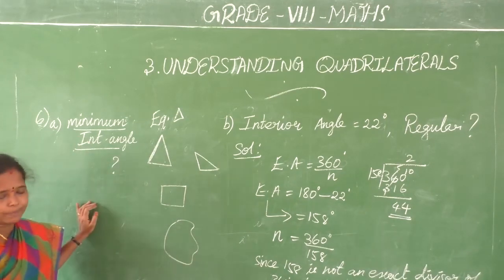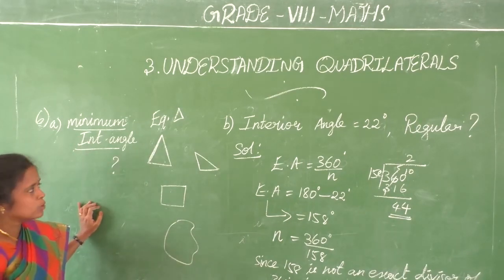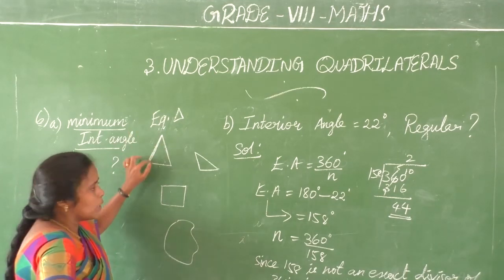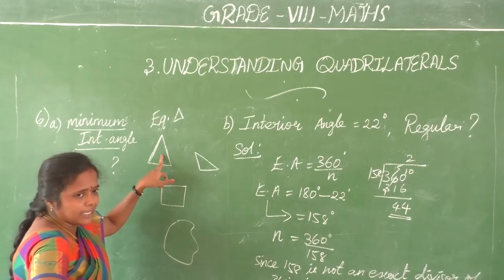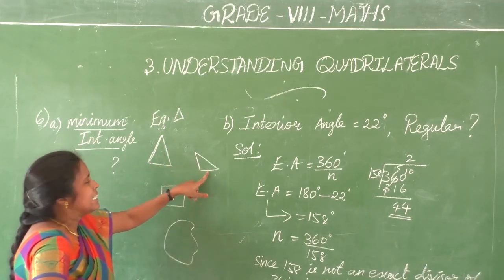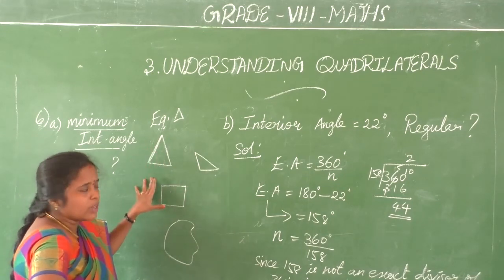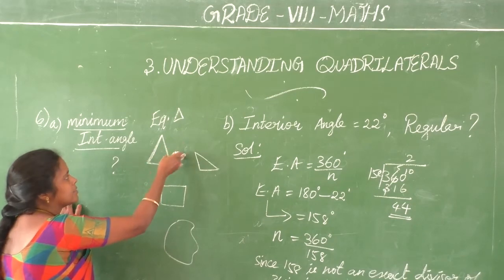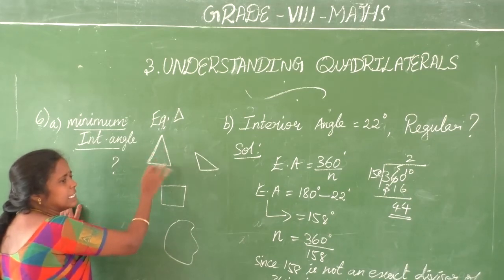This is the question. I taught that in the previous class. A polygon means a closed figure made up of line segments. For making a closed figure we need 3 sides, so that is the least number of sides. So we can conclude the equilateral triangle is the regular polygon having the least number of sides.